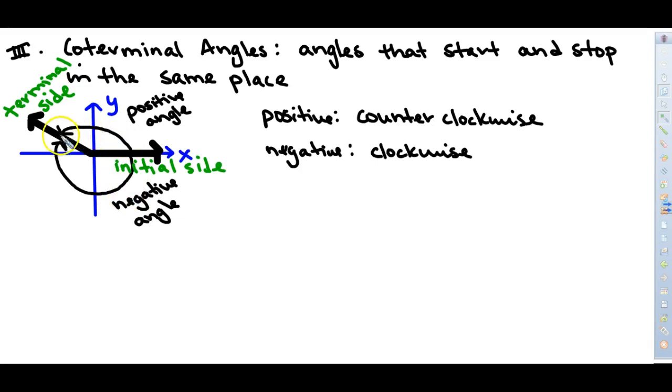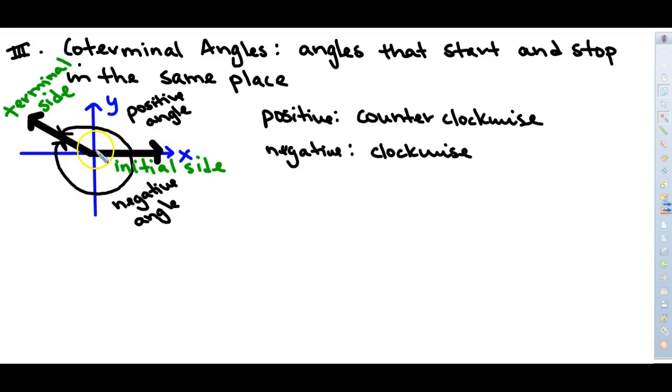Not only that, but you're measuring these angles based on 360 degrees being in a circle or 2 pi radians being in a circle. What I'm hoping you remember from Math 3 is that you can have angles that are bigger than 360, and you can have angles that are smaller than 0, meaning that they're negative, and they could be smaller than negative 360 as well. It depends on how many times you decide to rotate this ray.